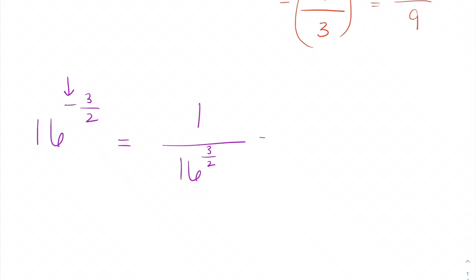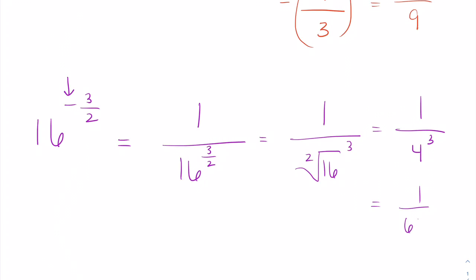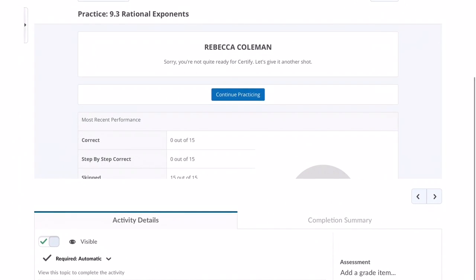That makes the exponent positive. And then again, you take the bottom number as your root, the top number as your exponent. The square root of 16 is 4. And if I cube that, I've got 1 over 64. All right, so the majority of what you're going to be doing here is just that.